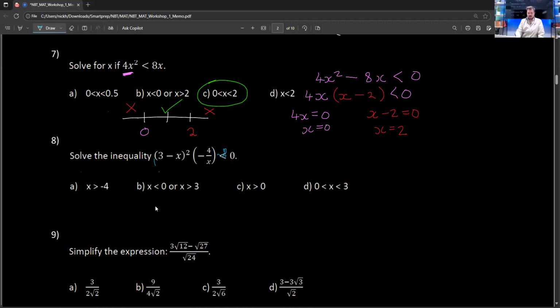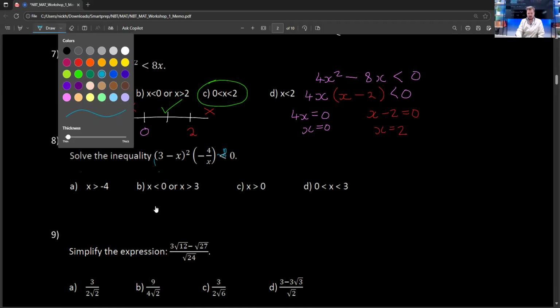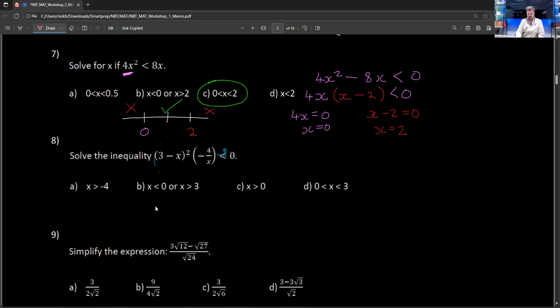So the first thing I'm going to say is anything that's squared is positive. Anything that's squared is positive. So this part here is always going to be positive, because let's say that you have -4 squared. Well, -4 times -4 ends up being positive, plus 16. And if I have 4 times 4, that's positive, obviously. So any number squared is positive.